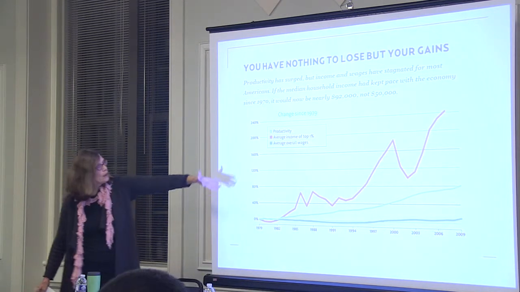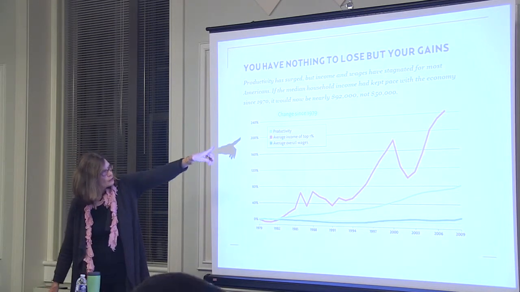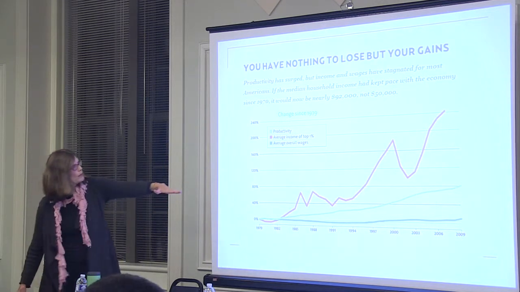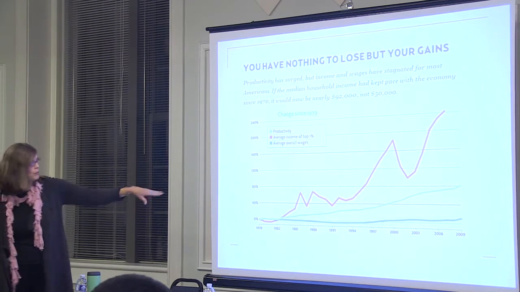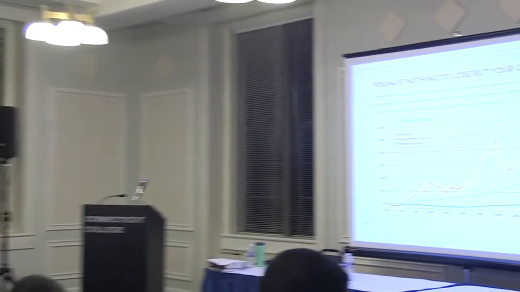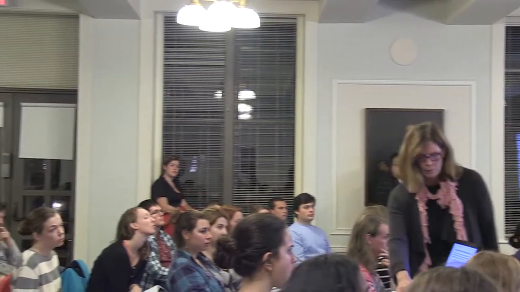But the share of the pie that has gone to the top 1% has grown by 240%, whereas the share of the pie for everybody else, so that includes the 1% at the bottom, has barely grown at all. So what this shows you is that disproportionately, all of the improvement in income that we've had over the last 30 years has really gone to a very small group of people.